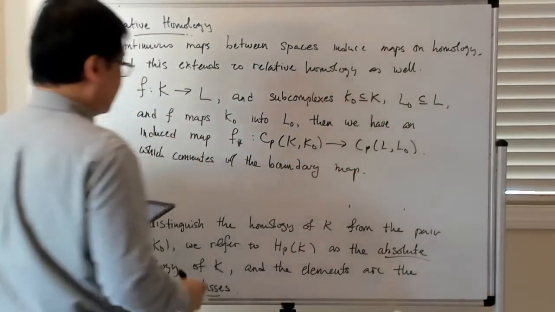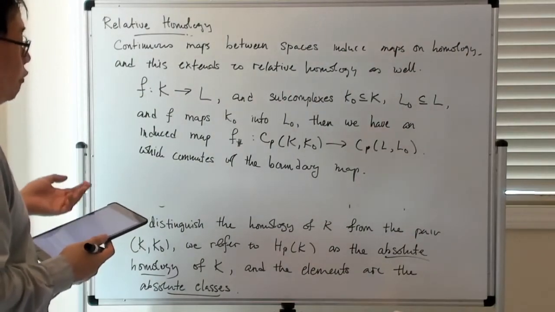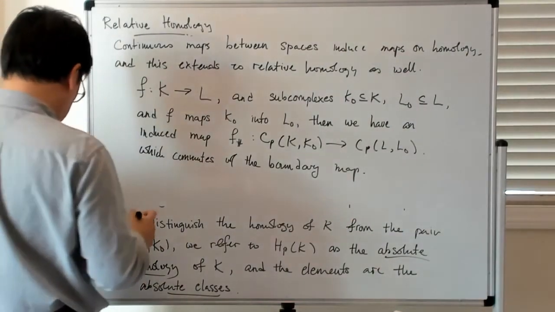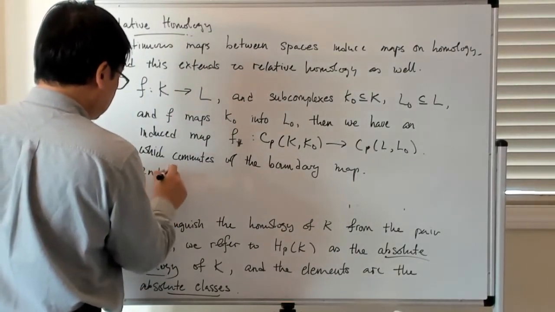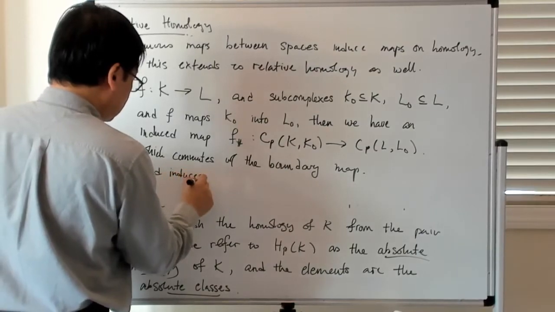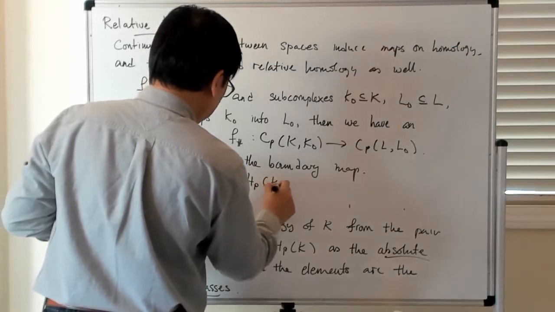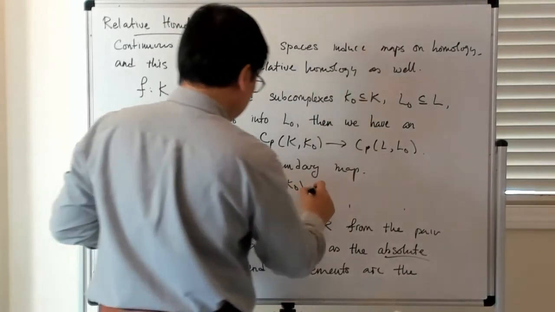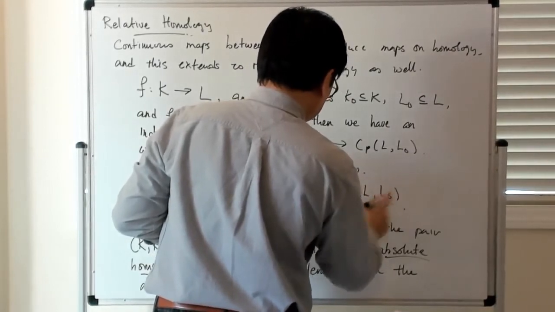As a consequence, that induces a map at the level of relative homology. So F star is a map from Hp(K, K0) to Hp(L, L0).